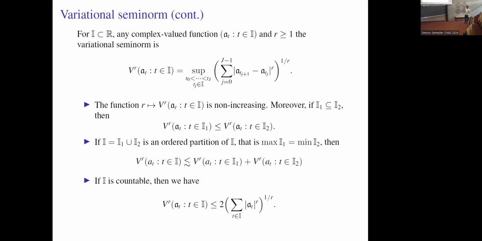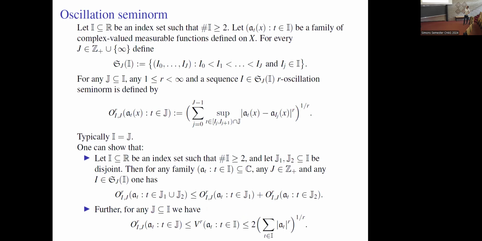All right, so we are moving to, I think, a bit more complicated objects. The oscillation semi-norm. To introduce this object, we first need to introduce this set S_J(I), which consists of sequences of length j plus 1.